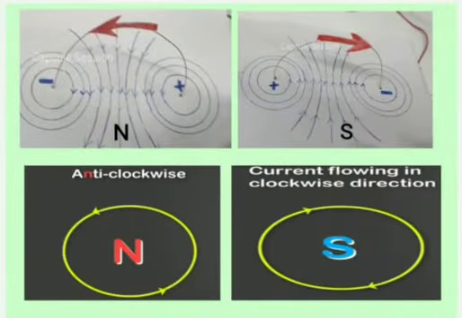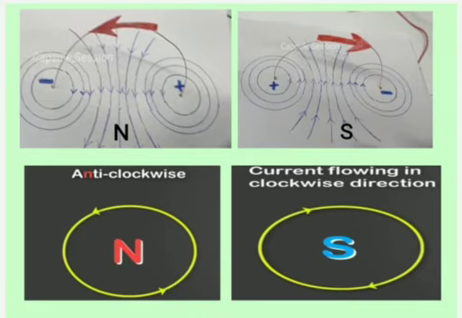Students, can you find out the south and north pole of the magnetic field produced by a loop? Look at this figure carefully. In our first figure, the direction of current is anti-clockwise. The anti-clockwise direction stands for the north pole of our magnet. If we stand just opposite this loop, the direction of current looks clockwise.